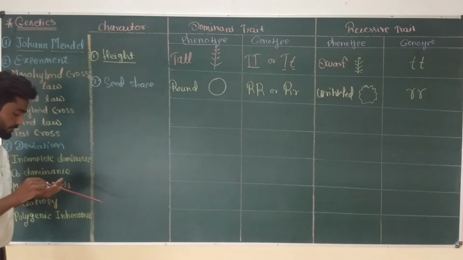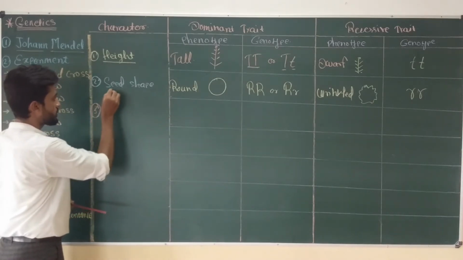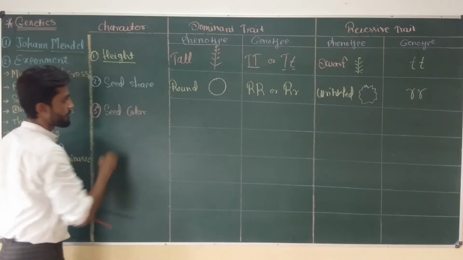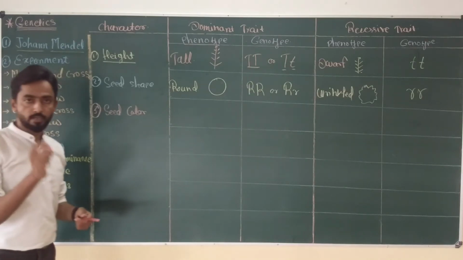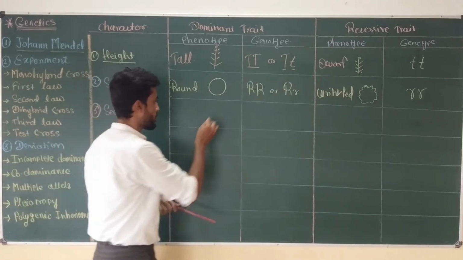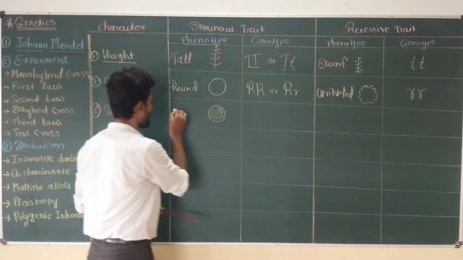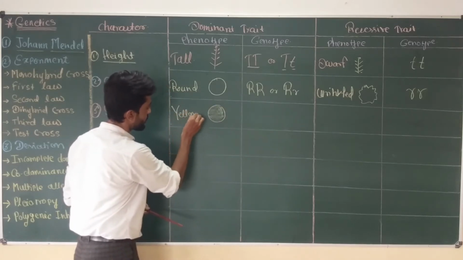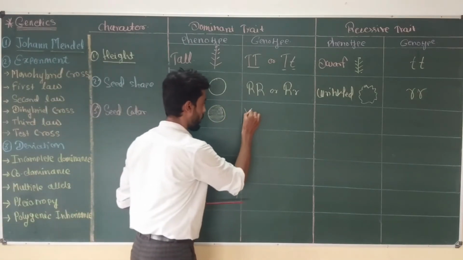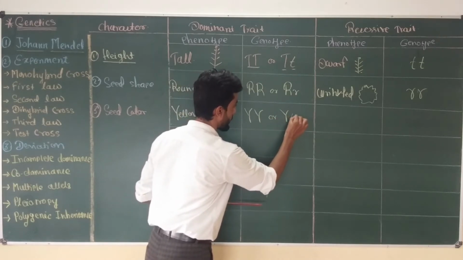Now the third character which Mendel selected for his experiment is also related to the seed, that is seed color. Two different types of color are found in the garden pea plant seed. Number one is yellow. Suppose this is a yellow seed, which is the dominating character, and the genotype of the yellow seed will always be capital Y capital Y or capital Y small y.